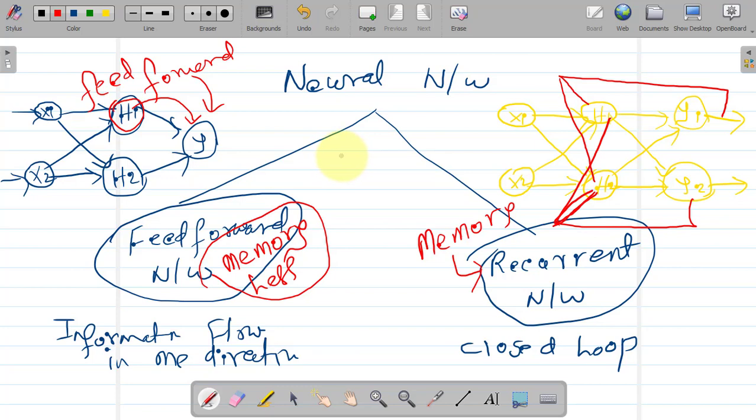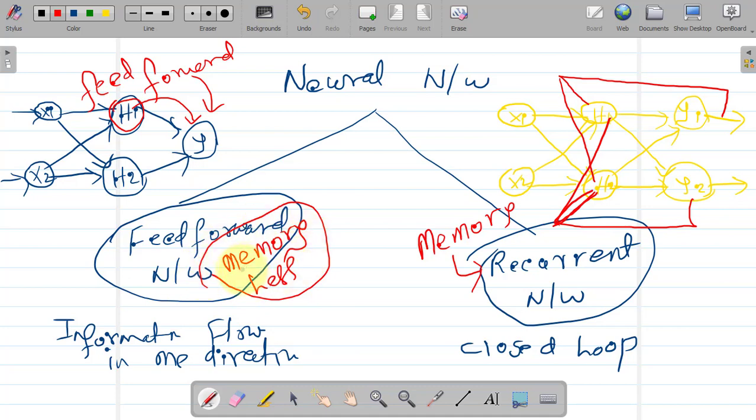So, for sequential modeling or sequence modeling, we have to use a recurrent network. In sequence modeling, we are not able to use the feed-forward network. One of the reasons is that they do not contain memory.